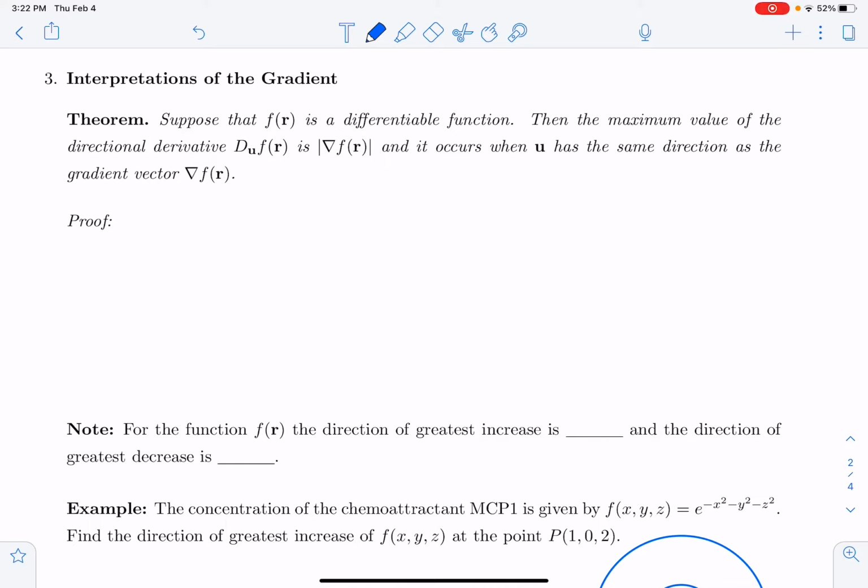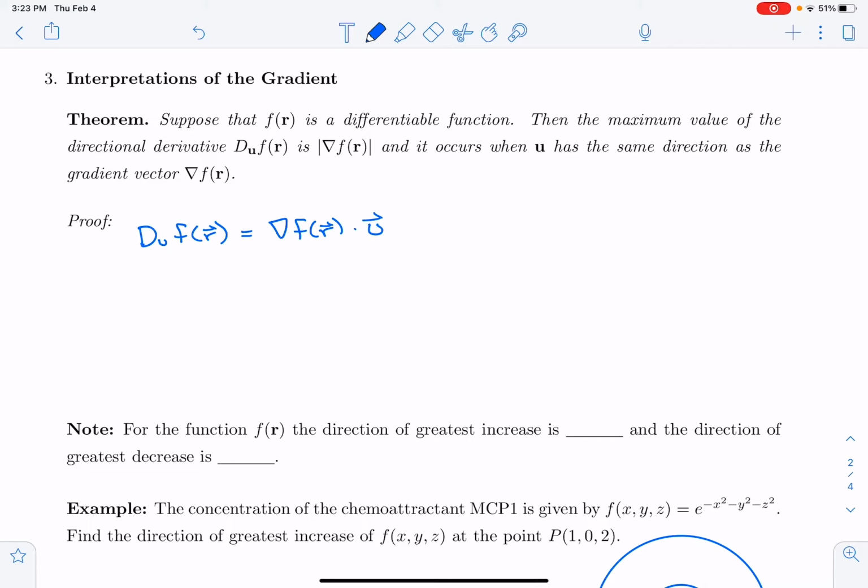So why would this be true? Well, suppose that you're looking at the directional derivative in the u direction of f of r. We have just shown that this is the gradient of f of r dotted with u.